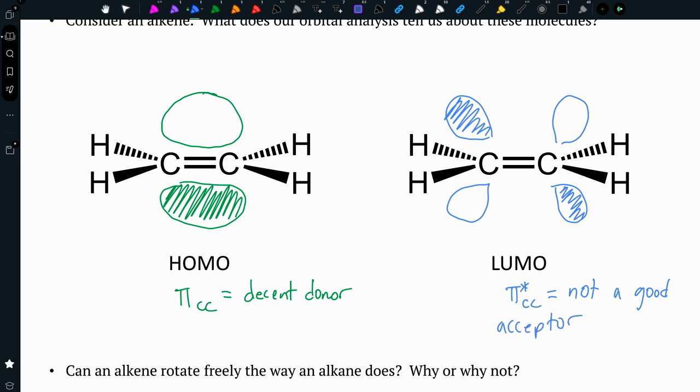We're not going to see reactions where a nucleophile donates directly into pi star CC. The one kind of reaction we will see is when we have pi CC donating into some other orbital, we might see pi star CC act as an acceptor at the same time, but never pi star CC acting as an acceptor on its own. Okay.